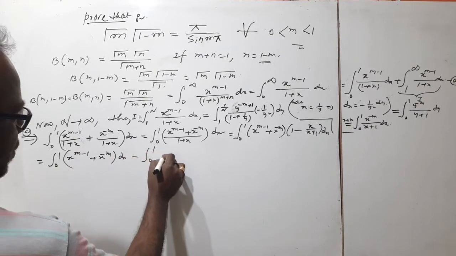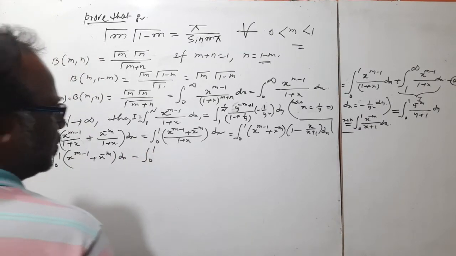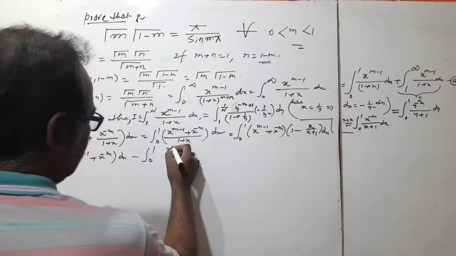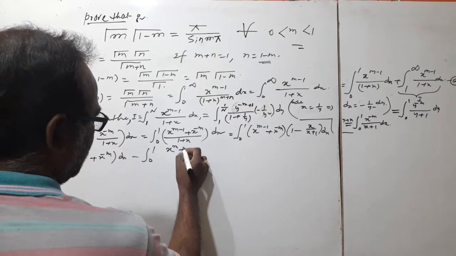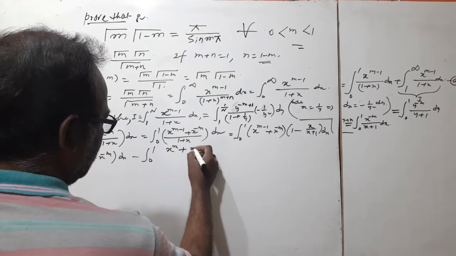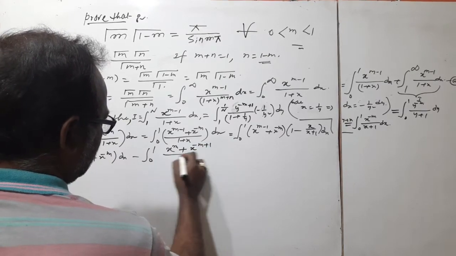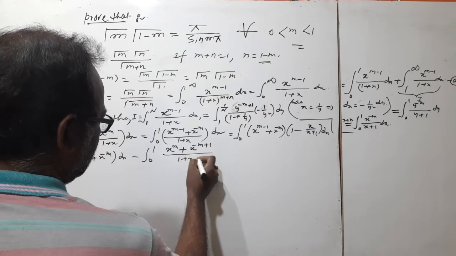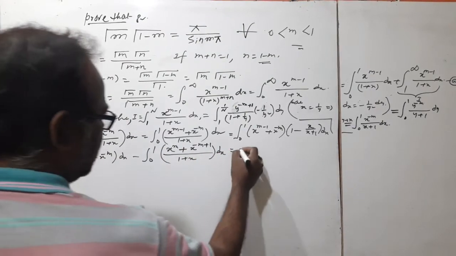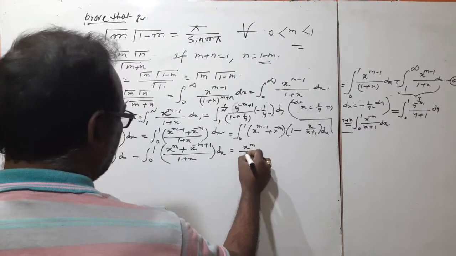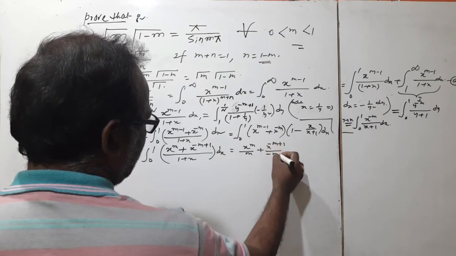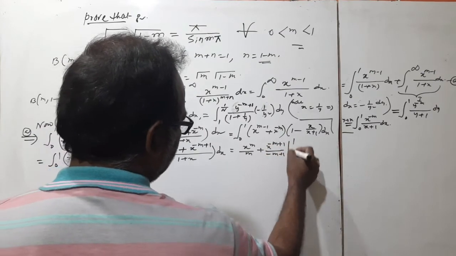Then minus 0 to 1. If we multiply by x, that is x to the power m, plus, if we multiply x to this, minus m plus 1 over 1 plus x dx. If we integrate, then we get x to the power m over m plus x to the power minus m plus 1 over minus m plus 1, and this is 0 to 1.